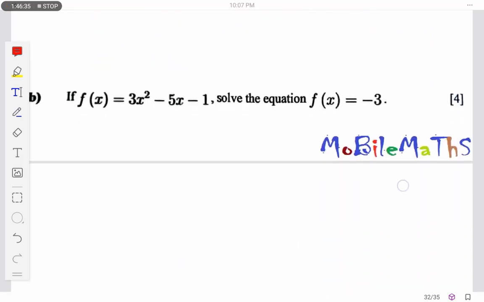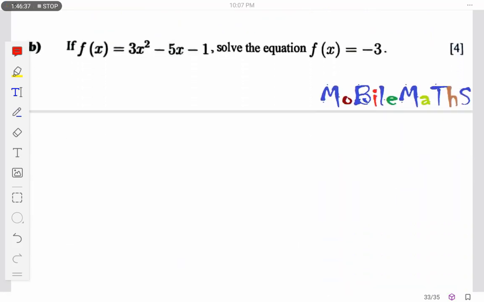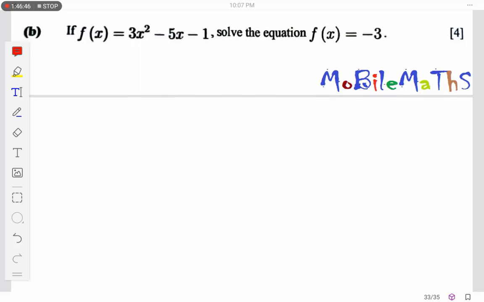Okay, this question is saying here, if f of x is that, solve the equation f of x equals minus 3. So we can just substitute directly.